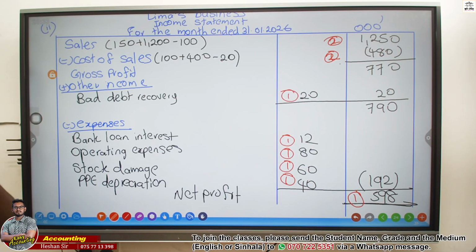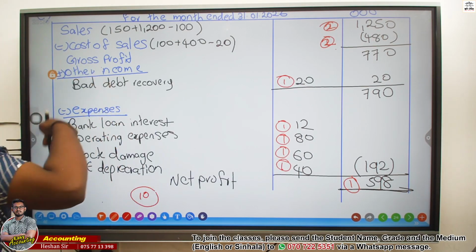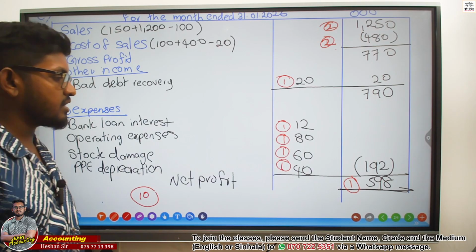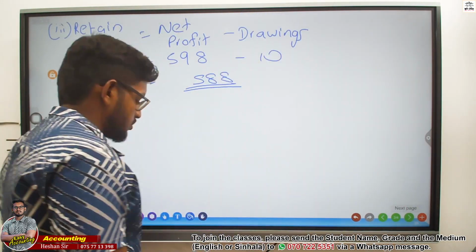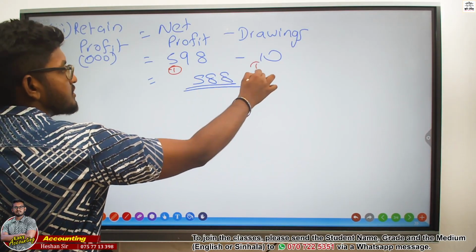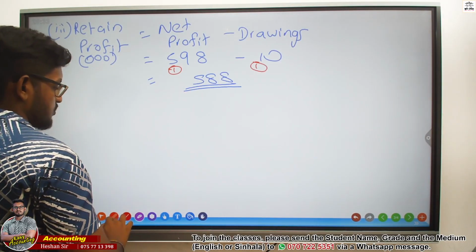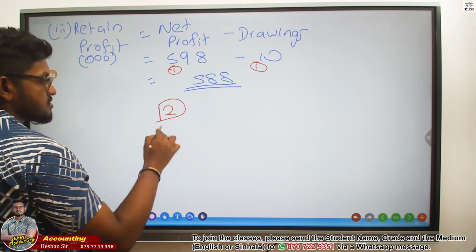Right? 10. So that's the 10 marks for this one. Sales and cost of sales, 2 marks, right? Then for this one we gave 2 marks.